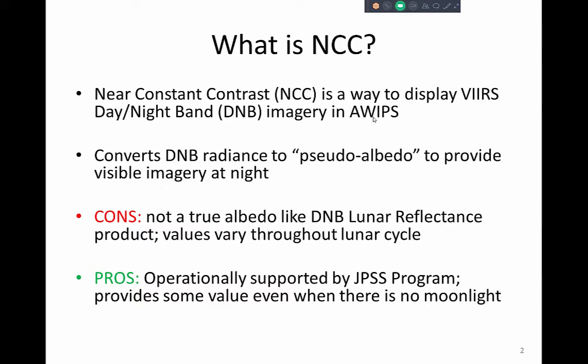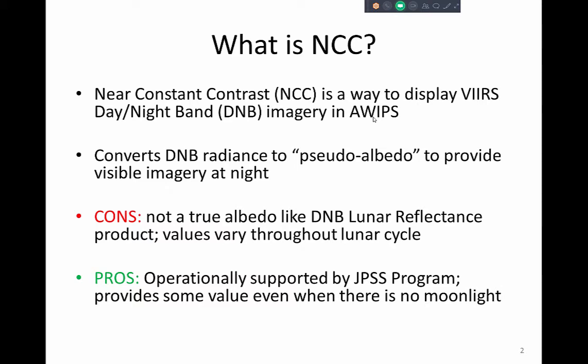But it's not a true reflectance. It's called a pseudo albedo. And the albedo of an object is constant no matter how much light is hitting it. But the near constant contrast product does not provide a constant albedo based on the way that the algorithm works.